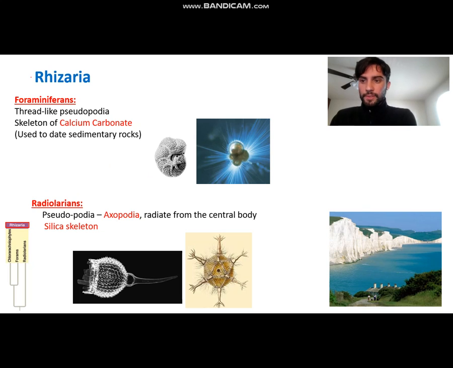So Rhizaria, it's another supergroup in which we have foraminiferans. They make this spiral, almost snail-like structures with calcium carbonate, and they have this thread-like pseudopodia. So pseudo means pseudo, right? And podia means leg. So almost a leg.